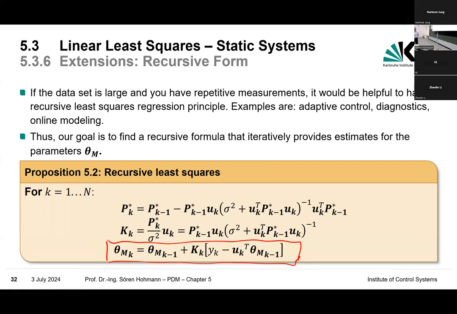So that's the result. Where we will use it is usually in adaptive control. If you have a system and you have to identify it online all the time during operation, because you have a system which ages, batteries for example, you do exactly that.